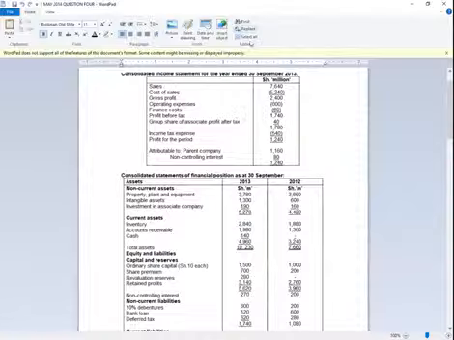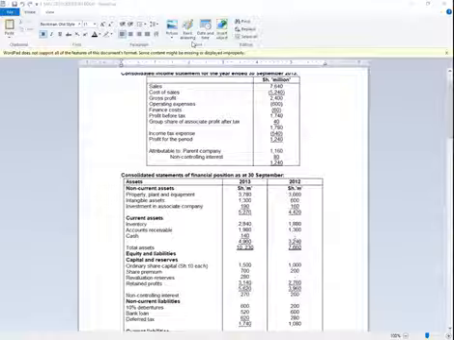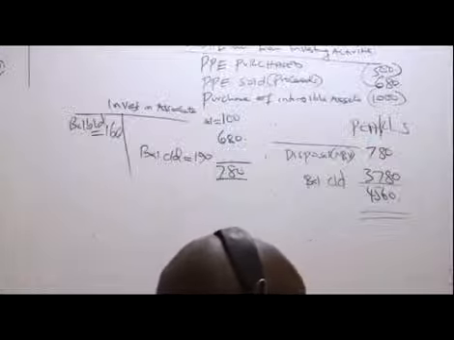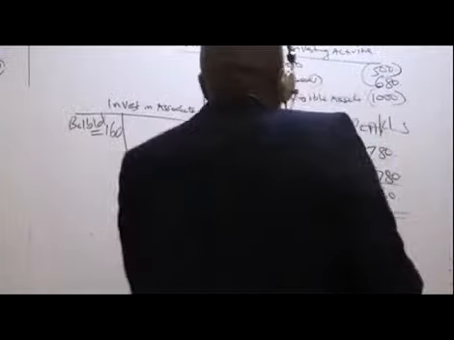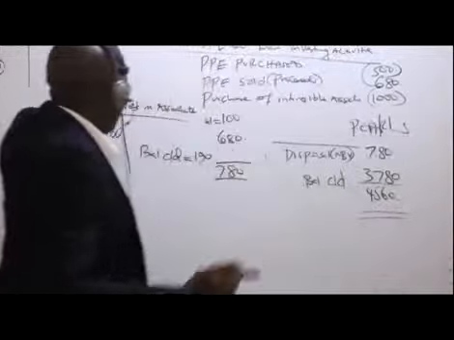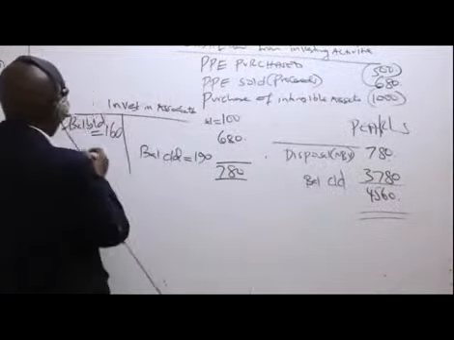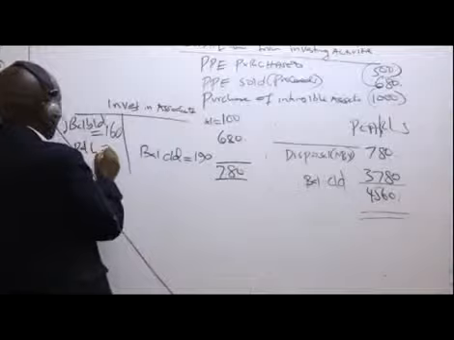Valerie, just check again. Group share of associate profit after tax is 40. Let's agree, it must be 40. So that, of course, is increasing your investment. So we have here profit and loss 40.